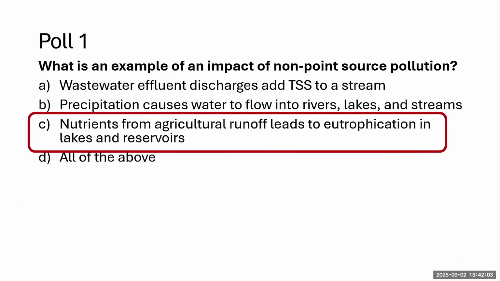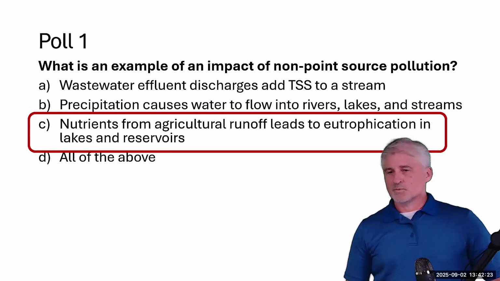All right. So it's kind of tricky. The answer is C, and that's the impacts of non-point source pollution. So wastewater effluent discharges, adding TSS to a stream.